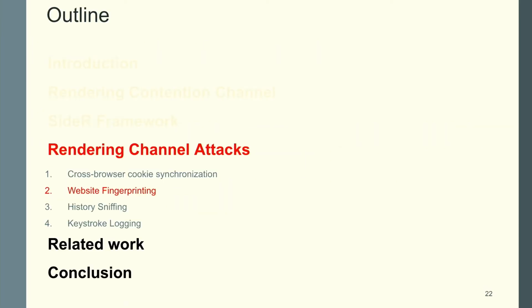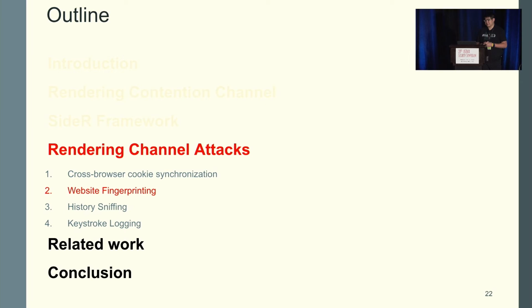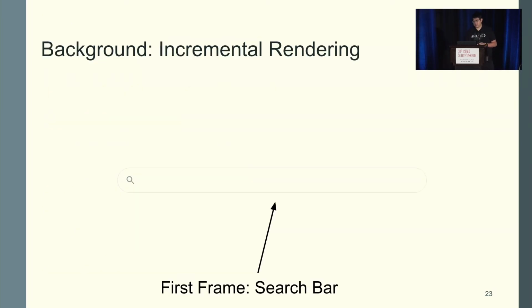So the next attack is website fingerprinting. We also need to talk about some background on how the browser renders a website. It's incremental rendering. We can take Google as an example. When the browser opens the Google website, it will not render everything in the same frame.